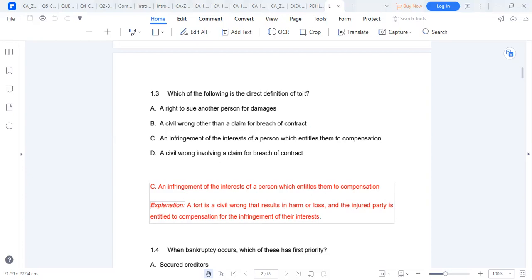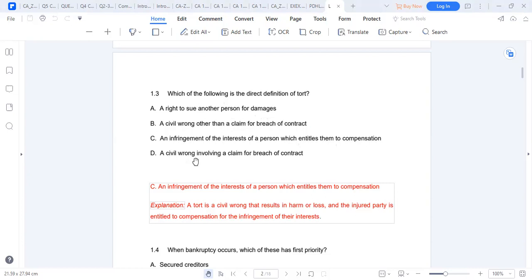Now the question here is, which one of the following is a direct definition of tort? Number one, right to sue another person for damages. Number two, civil wrongdoing rather than a claim of breach of contract. C, infringement of interests of a person, which entitles them to compensation.